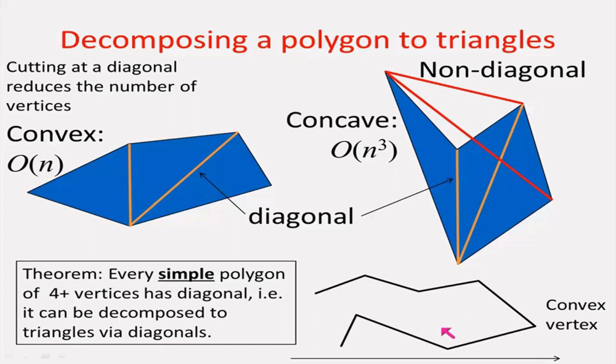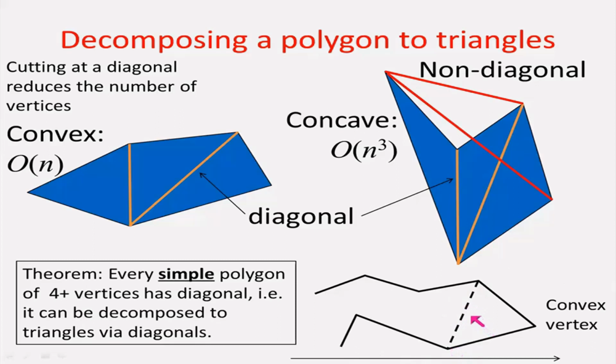The sketch of the proof is shown here. Let us find a vertex that is extremal in one direction, for example, that has the maximum x coordinate. Consider the triangle defined by this vertex, the previous one and the next vertex. If this triangle doesn't contain any other polygon vertex, then the line segment connecting the previous and next vertices is a diagonal, so the proof is ready for this case.